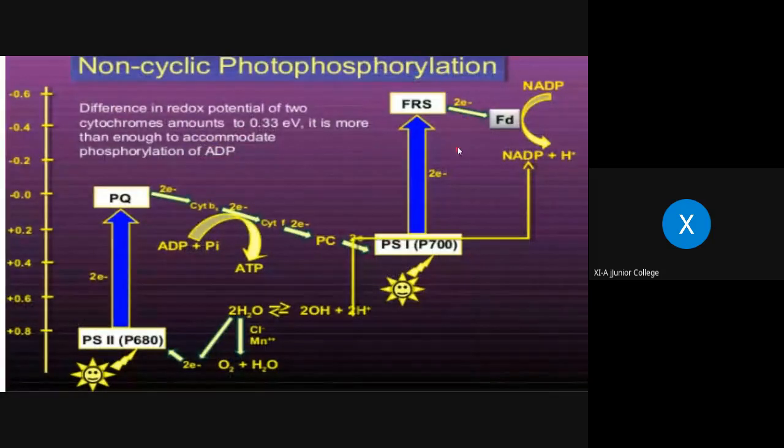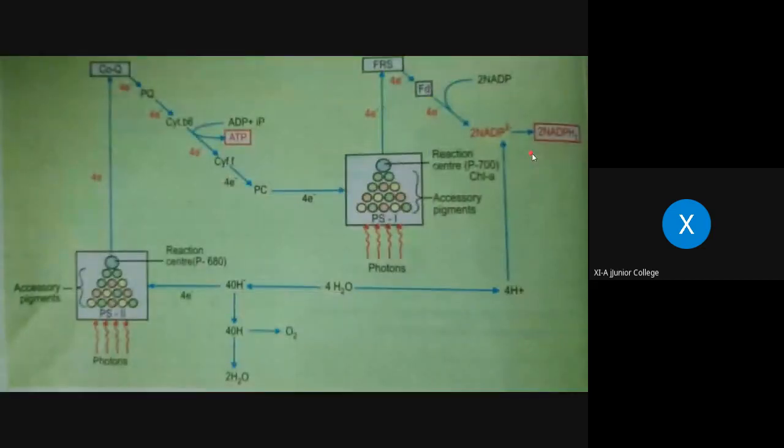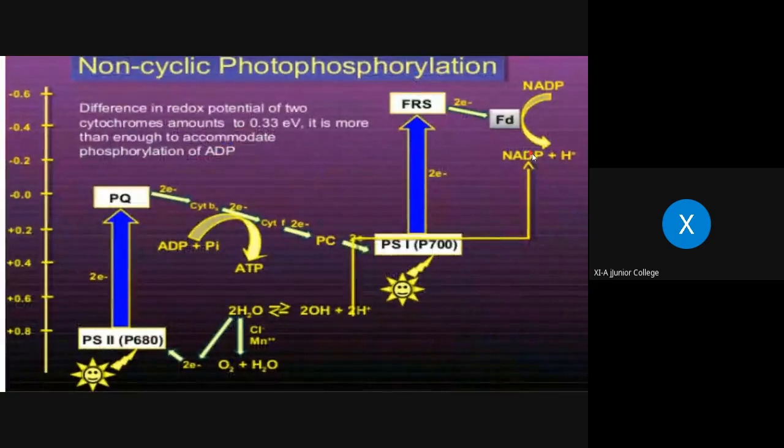These electrons are accepted by FRS, that is ferredoxin reducing substance, and then by ferredoxin. This ferredoxin combines with NADP, nicotinamide adenine dinucleotide phosphate, and when it receives protons or hydrogen ions, NADPH is formed. Now where does this H come from?